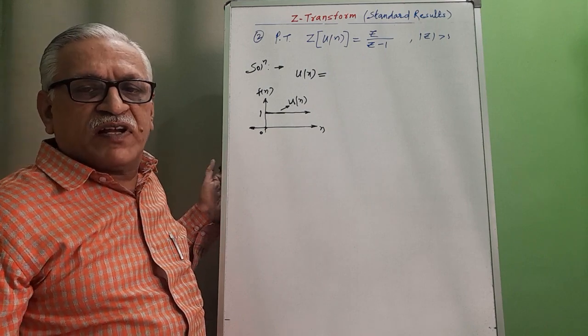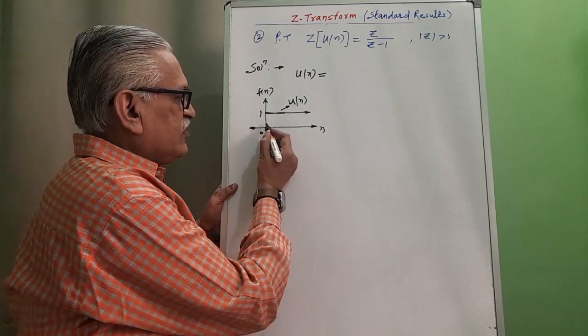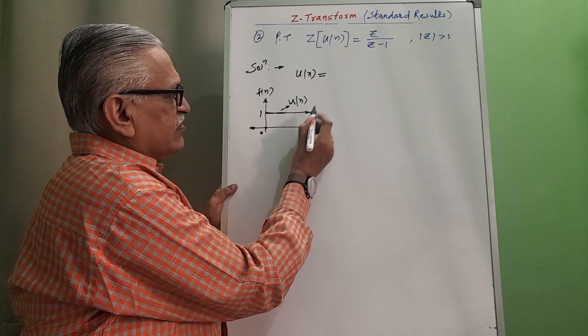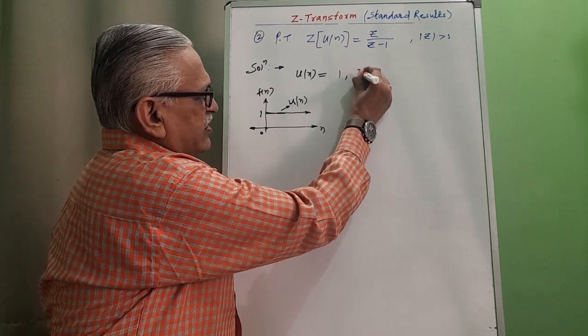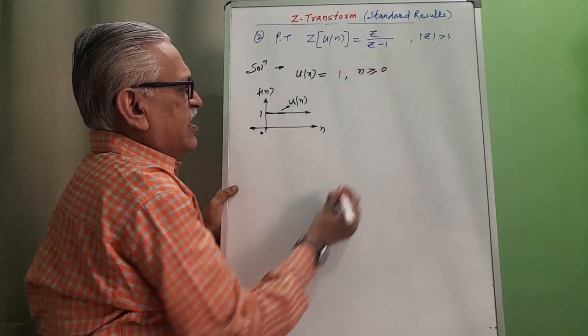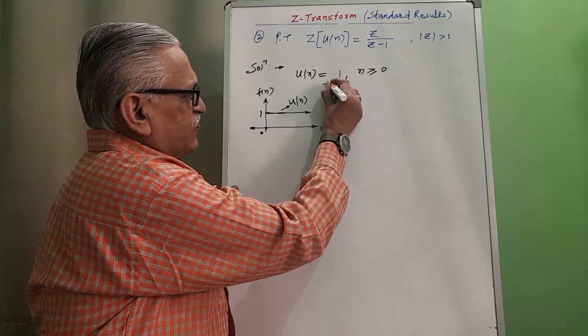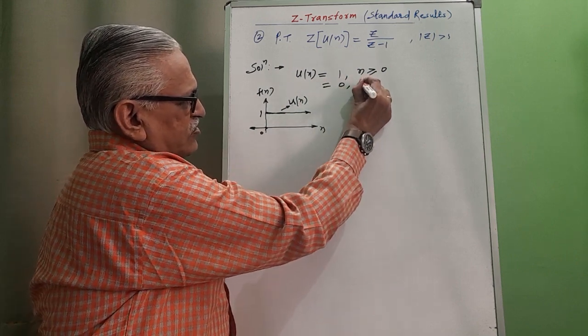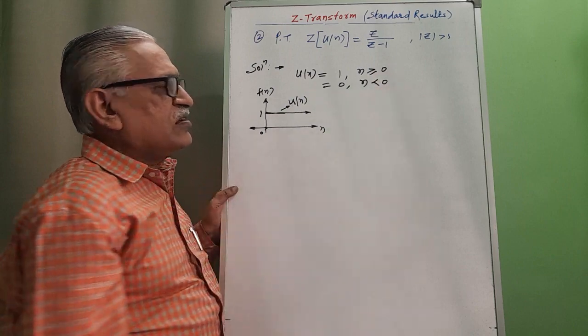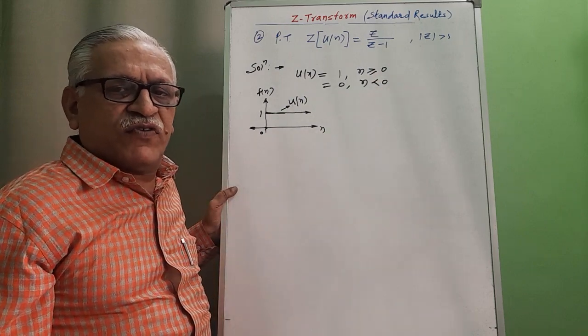This is a figure representing that unit step function. Value is 1 for n greater than or equal to 0, and for negative values, value is 0. This is the definition of that unit step function.